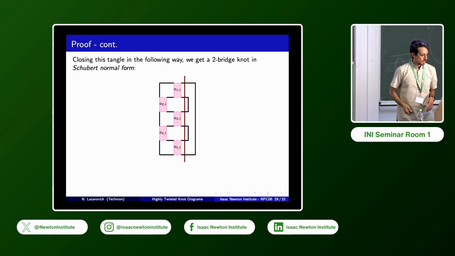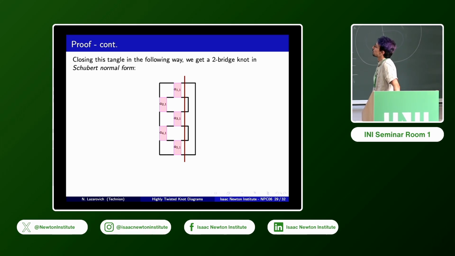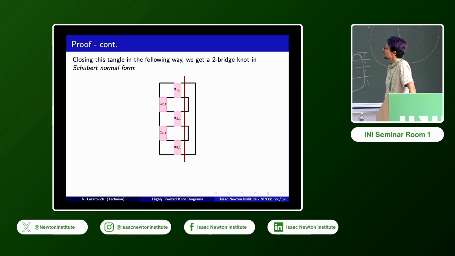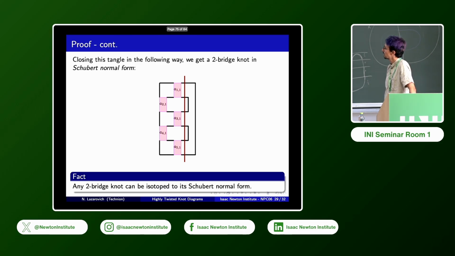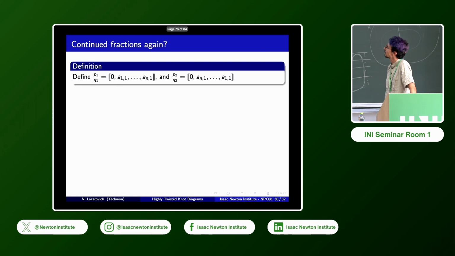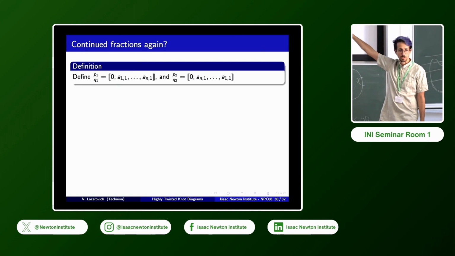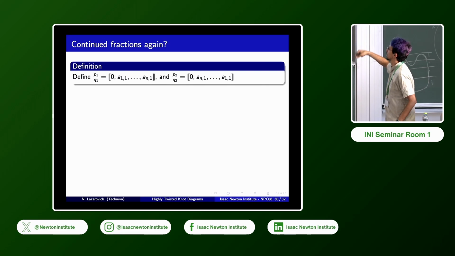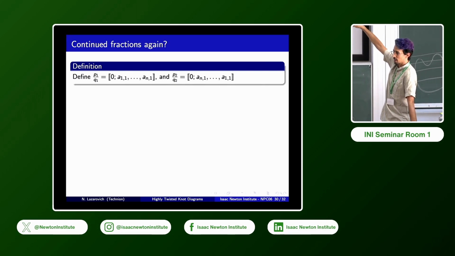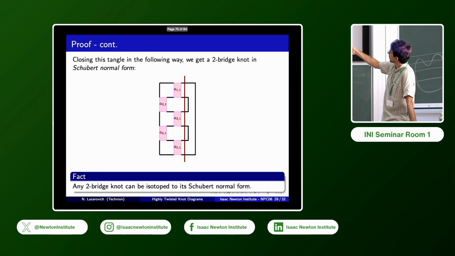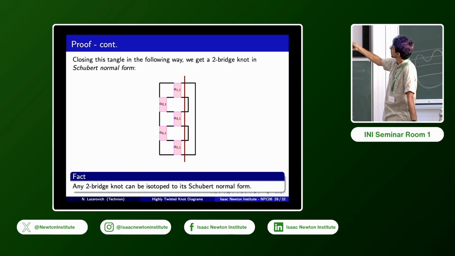And what Schubert showed about 2-bridge knots is that they can be classified completely using rational numbers. Which rational numbers? Exactly the rational numbers that one gets by looking at the continued fractions with a minus sign of the numbers a1, a2, and so on that appear in here.